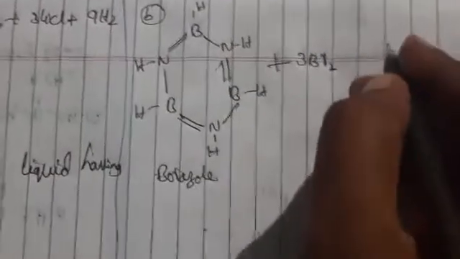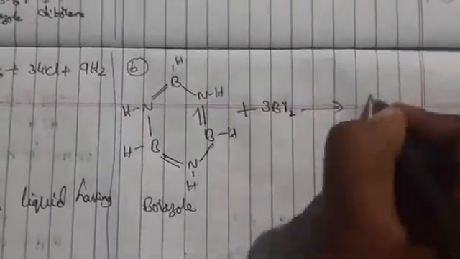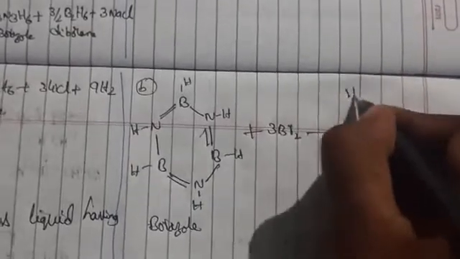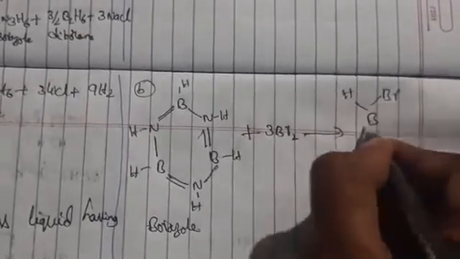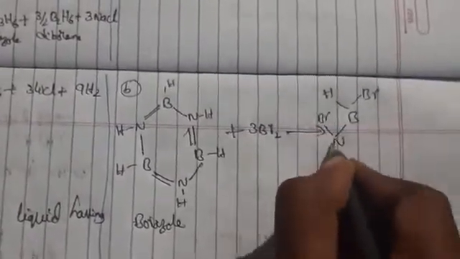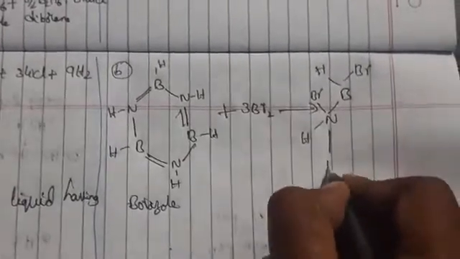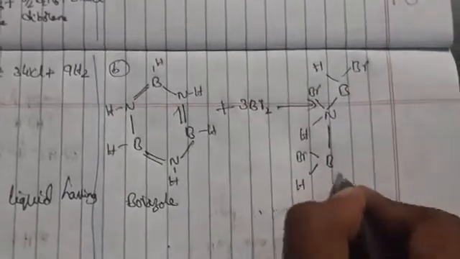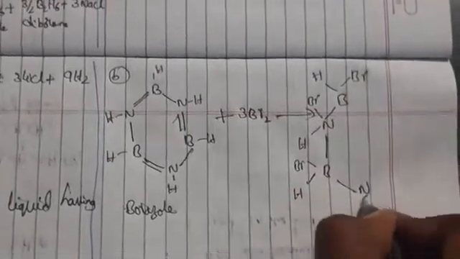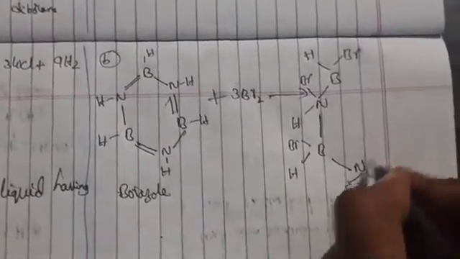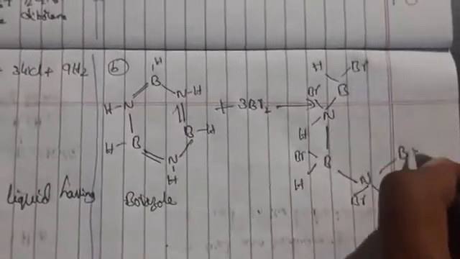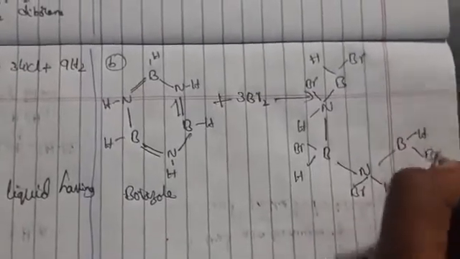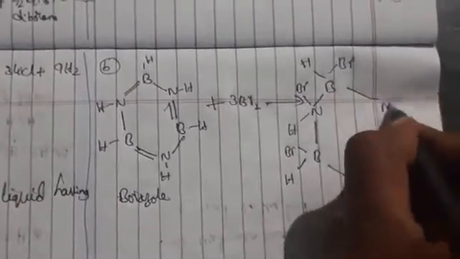Then we are going to get a structure like: B HBr, N, BrH, again B, BrH, N, BrH, here also B, HBr, N, HBr.